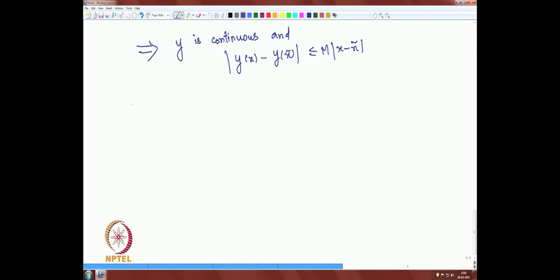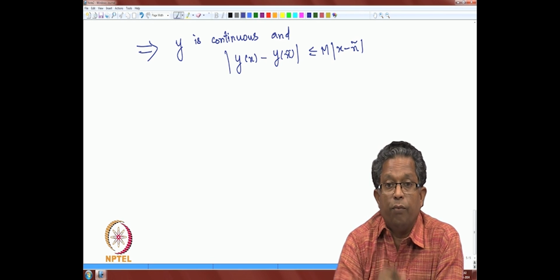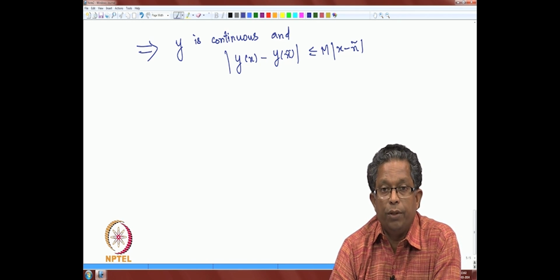Okay, so now our task is to prove that this limit function y is a solution to the initial value problem.